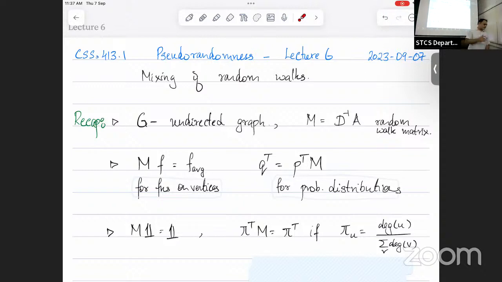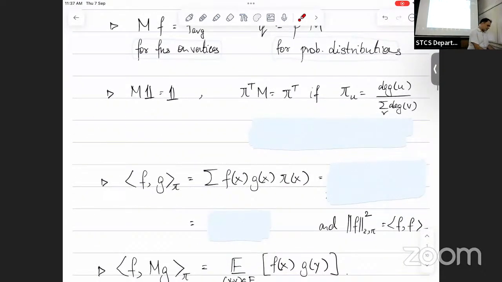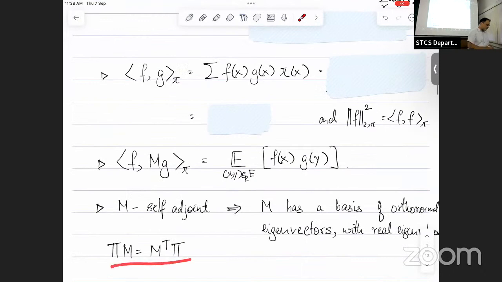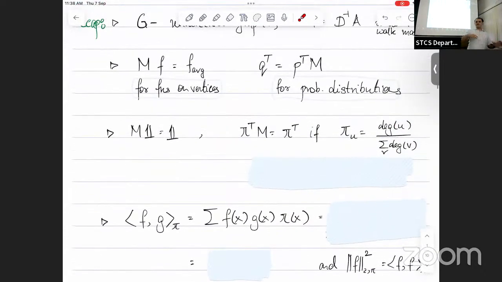In fact, as I briefly mentioned last time, whatever I'm saying is just a subclass of what is usually said in a Markov chains course, where you often assume that the Markov chain is reversible and then make a whole bunch of claims. The reversibility becomes a statement of the form pi M equals M transpose pi. But we had a particular setup in mind, undirected graphs, and eventually told ourselves that we are in the reversible situation.